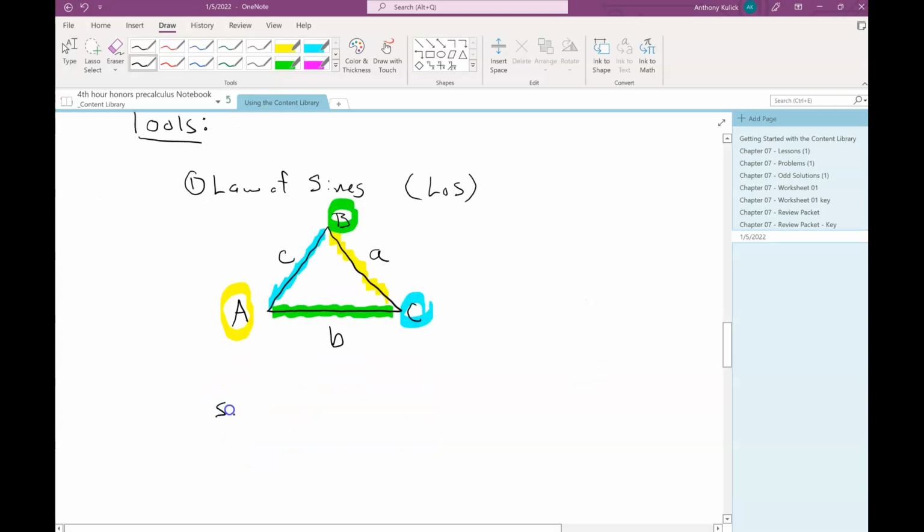All right. So what the law of sines says is that sine A over a is equal to sine B over b, and that's also equal to sine C over c.